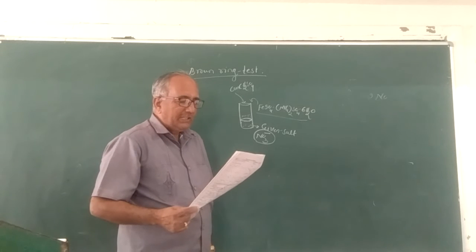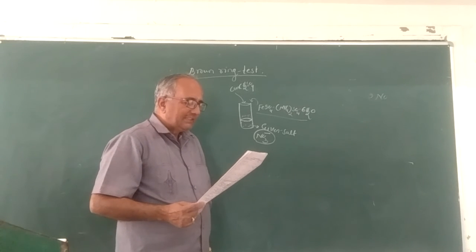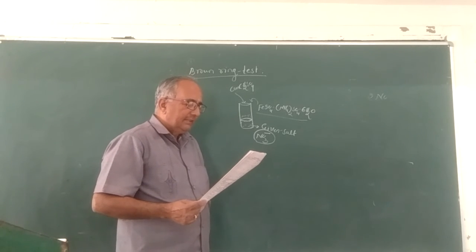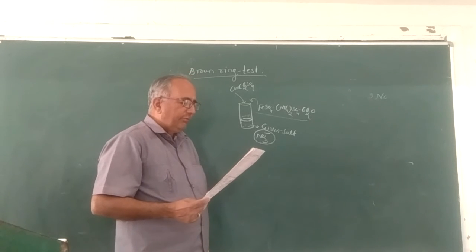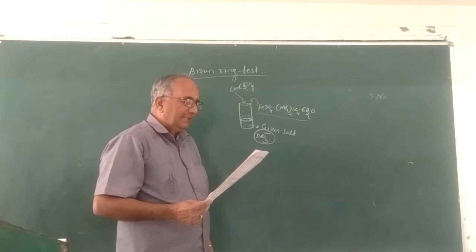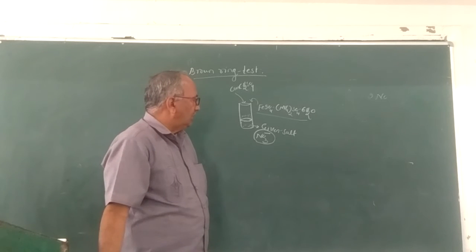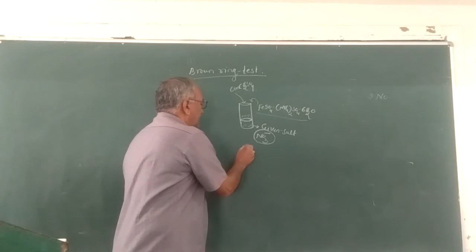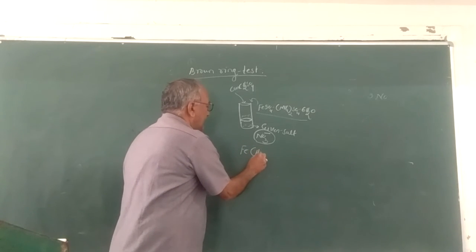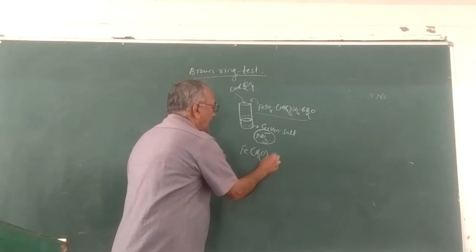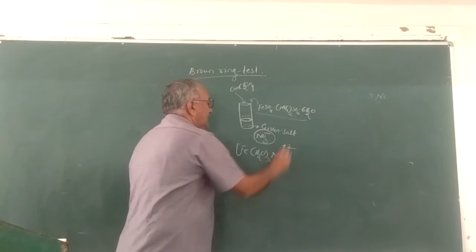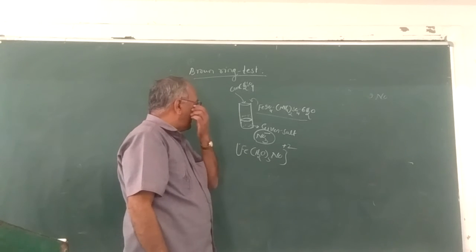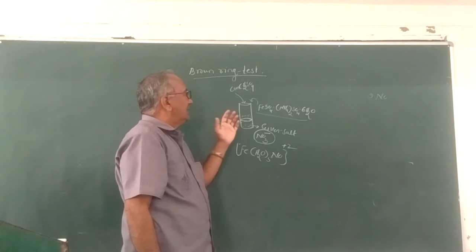Now there is a formation of a complex compound, the pentahydrated nitroso-ferrous ion, a complex ion, that is the brown ring.